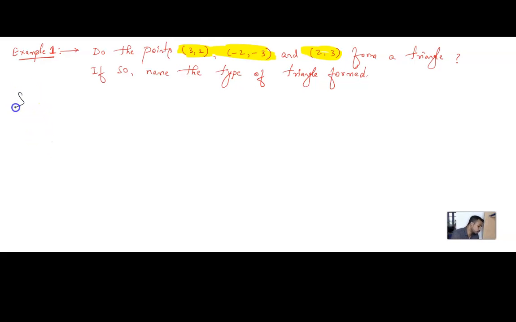Now let me solve this problem. Let the first coordinate be A, that is (3, 2), the second coordinate is B, that is (-2, -3), and the third coordinate is C, that is (2, 3).